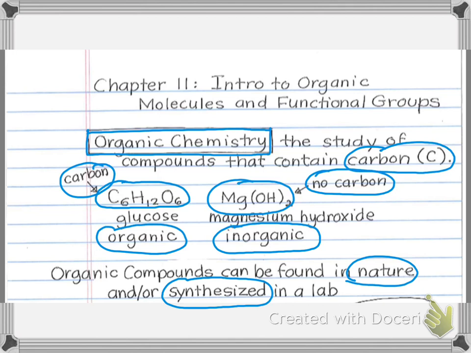Things like cotton, wool, or silk naturally occur, so they could be found directly from natural sources. Other things like nylon or polyester are synthetic, meaning that they are produced by chemists in the laboratory. But both of these things, because they contain carbon, would be considered a part of organic chemistry.